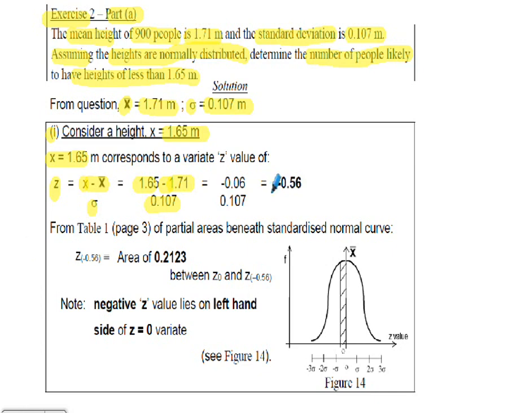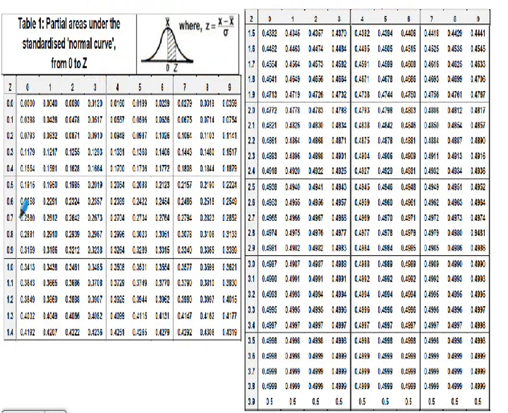That gives us a z value of minus 0.56. If we look at table 1 of the partial areas under the normal distribution curve, the area for a z value of minus 0.56 is 0.2123. We can check that from our table. So 0.5 and 6 is up here, so we can see we got the 0.2123 area.